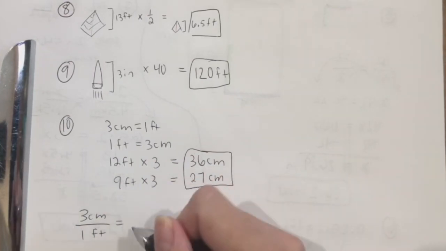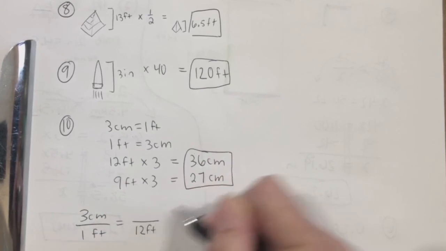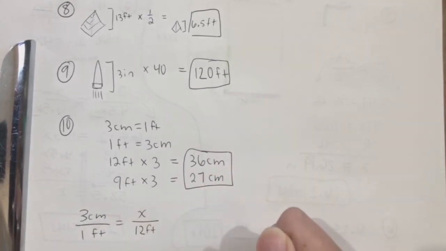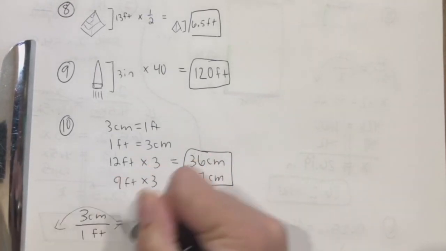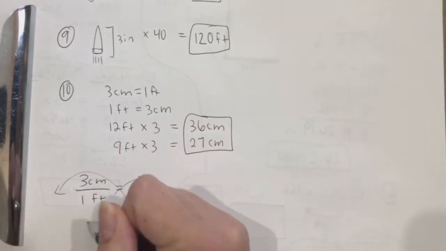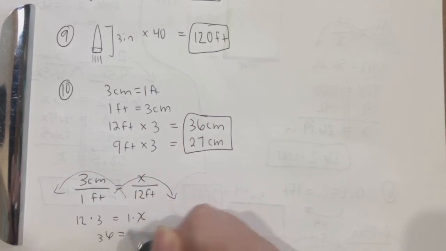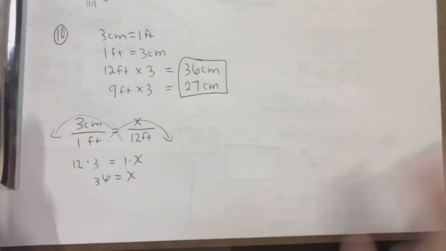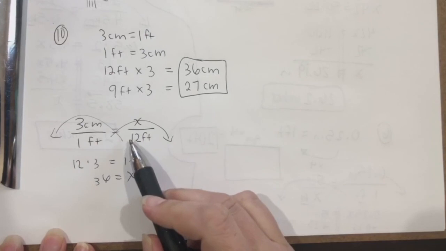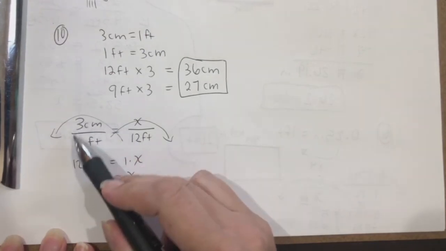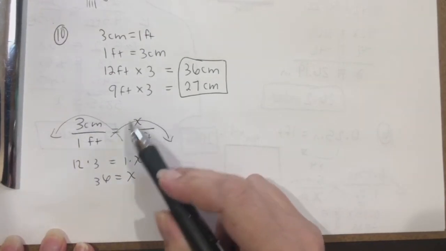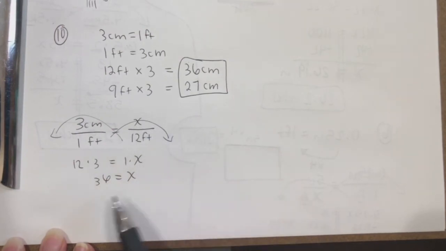So I have 12 feet, and I'm looking for centimeters, so that would be X. And then you can multiply it. So if we did it using cross multiplication, where we have our ratio and then the ones that we're looking for, we can still get the exact same answer.